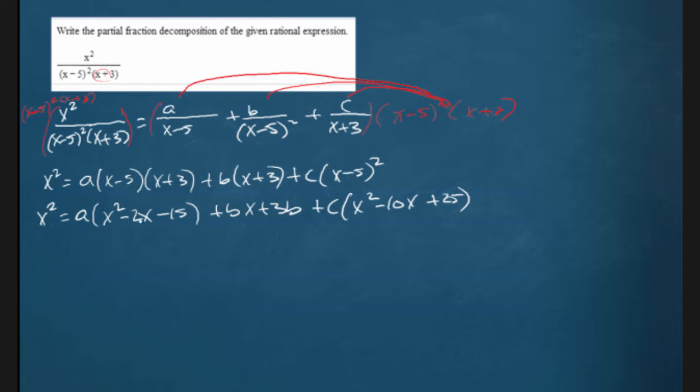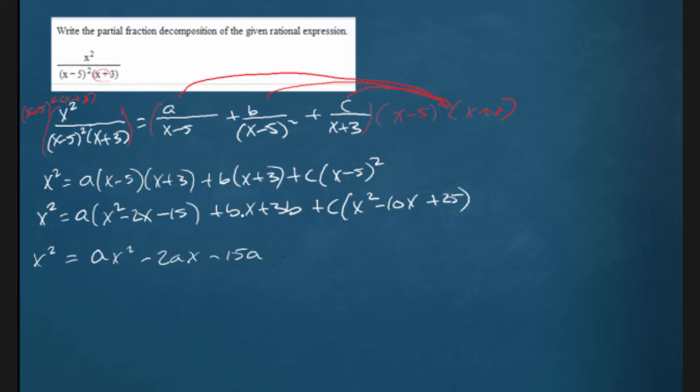x squared is A times (x squared minus 2x minus 15) when we multiply this. And then we can multiply through by B, and then we can multiply out the (x minus 5) squared. Now, we'll multiply through by A, and we'll have Ax squared minus 2Ax minus 15A. And I'm going to go ahead and line up terms here.